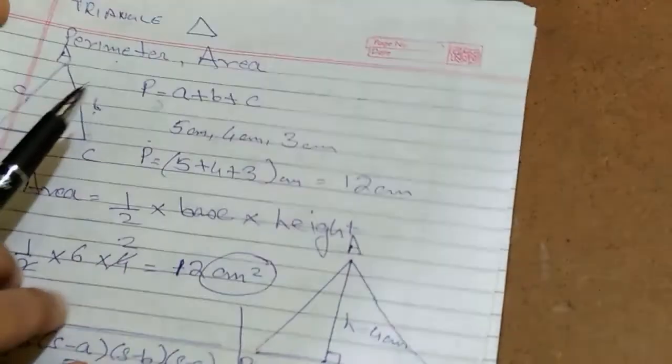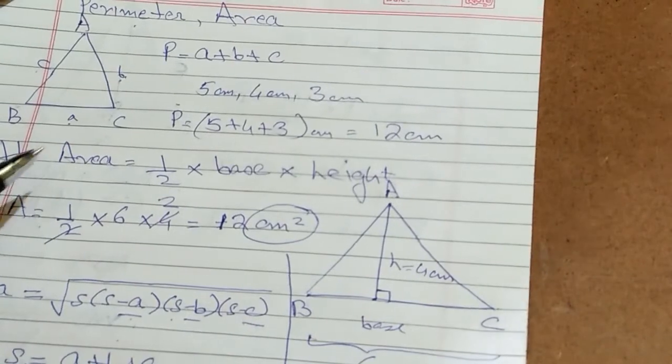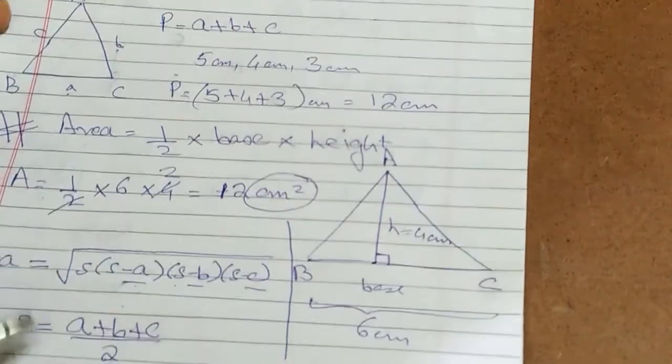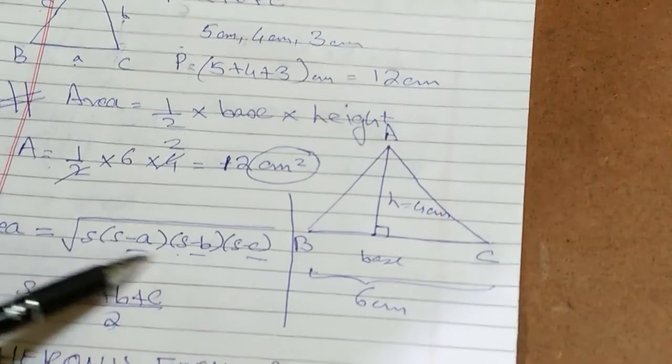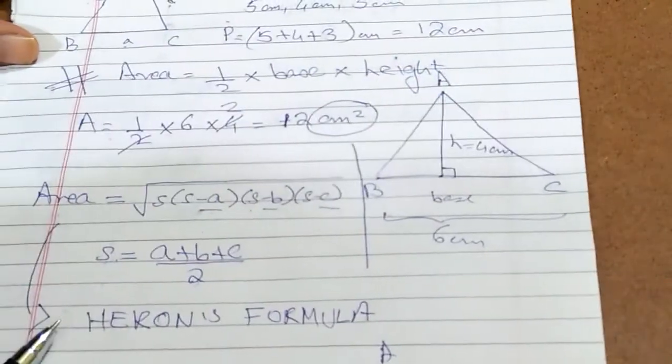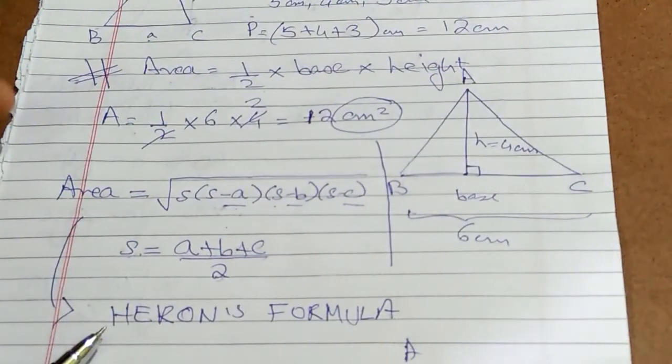But then again, ending this video with the two important ones, area is equal to half base height and area is equal to root over s into s minus a, s minus b, s minus c. So these are things which you have to know in triangles area.